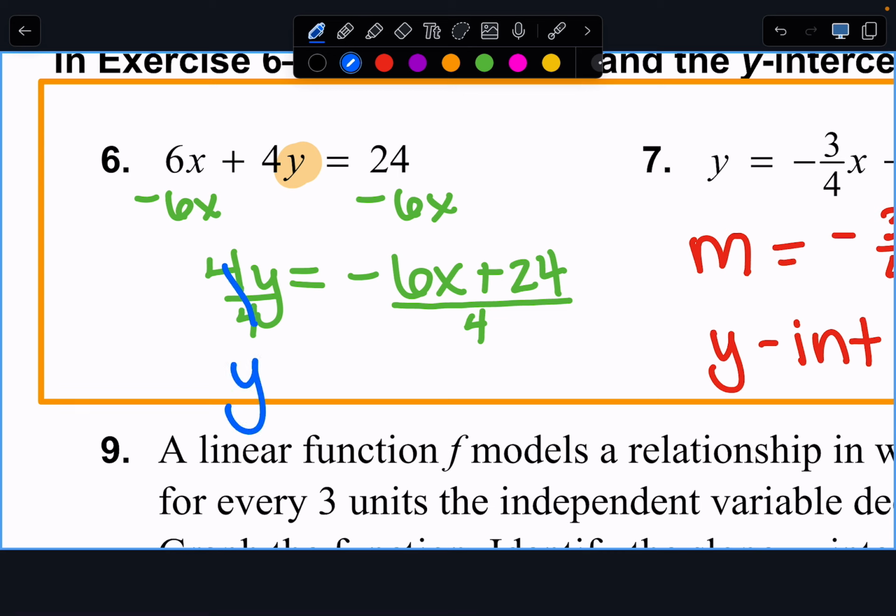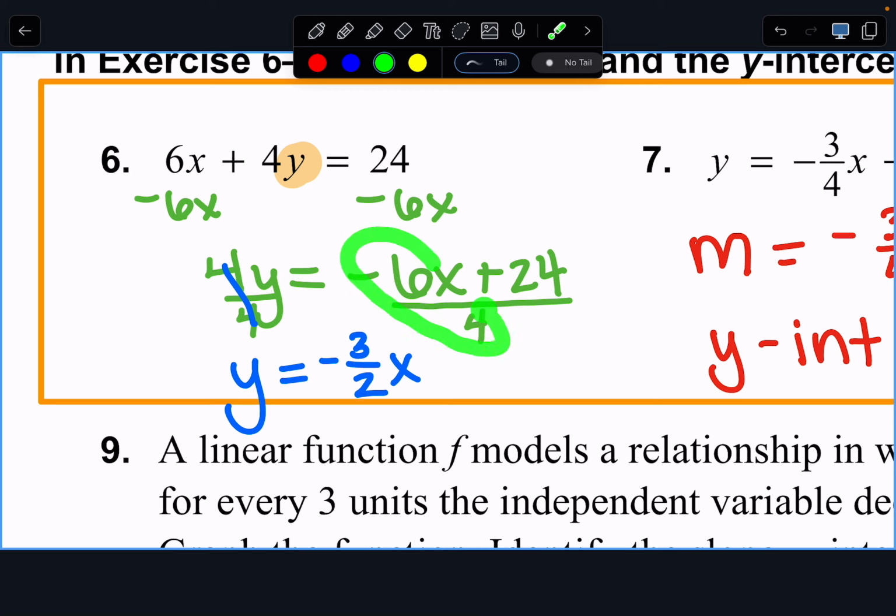So y equals, what is -6 over 4? But you can reduce it to -3 over 2. -6 over 4 reduces to -3 over 2. And then 24 divided by 4 is 6.